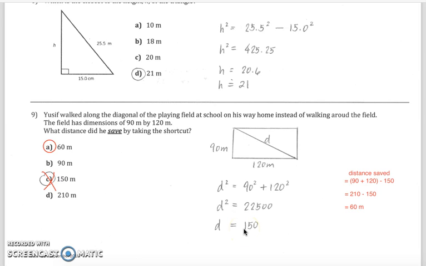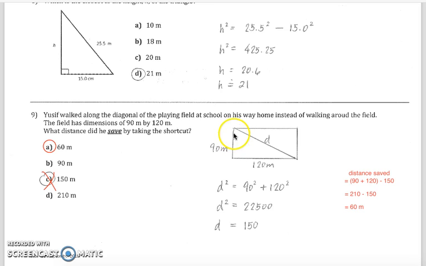Yusuf walked along the diagonal of the playing field at school on his way home instead of walking around the field. The field has dimensions of 90 meters by 120 meters. What distance did he save by taking the shortcut? You should start by drawing a sketch or diagram to show his path.